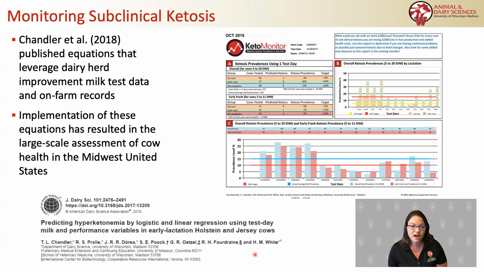And these equations were developed for cows in the first full week after calving, and then the second, focusing on that high risk period, the first 18 or 20 days after calving. We also had equations that we were able to develop for Holstein and Jersey cows.